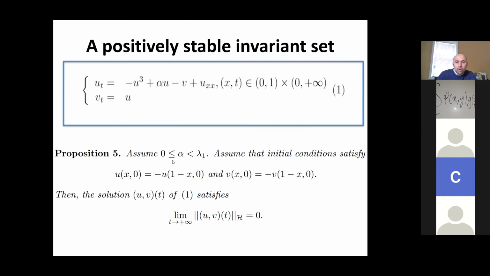Okay, so if you take now alpha to be greater than 0 but less than lambda 1, and if you assume that, so this means what? This means that, for example, if you take the initial conditions to be constant in space, it will go towards the limit cycle.